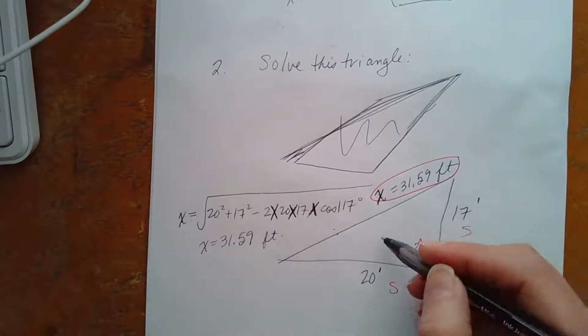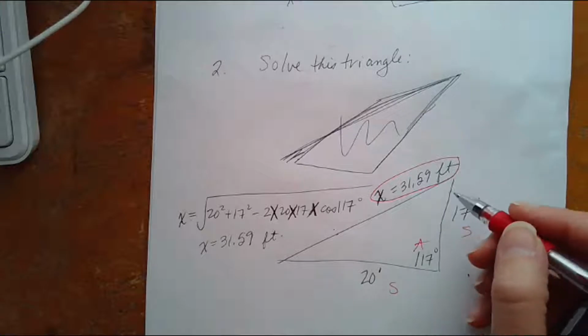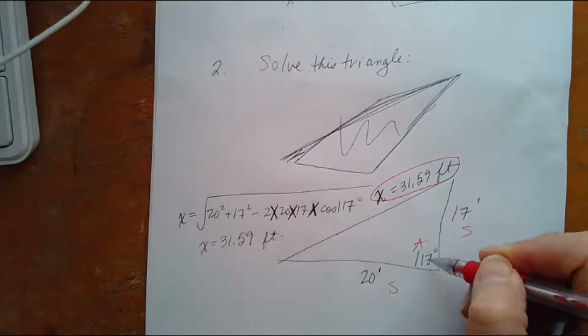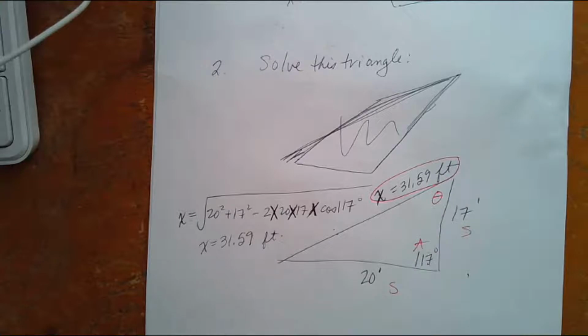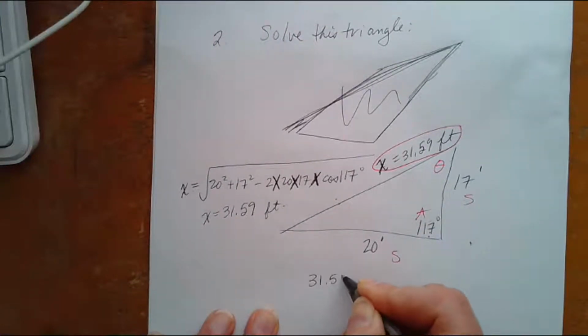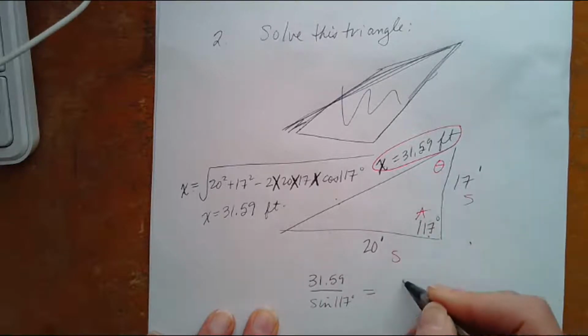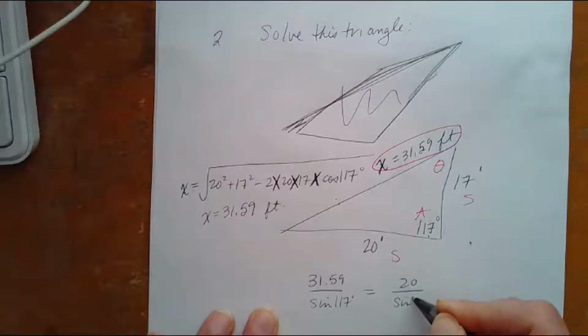now I have two angles to find, and it doesn't matter which one I want to find first. If I have this side and this angle, right? So if I want to find that angle first, I guess, I would have 31.59 over sine of 117. And then 20 feet partners with sine of my unknown angle.